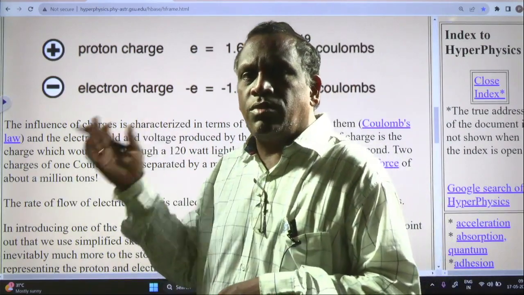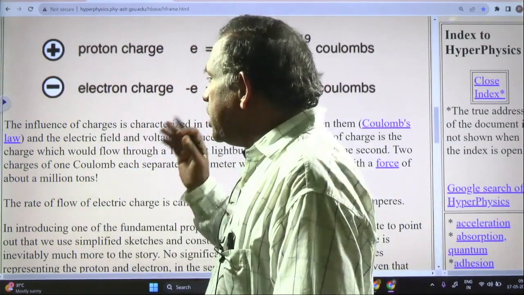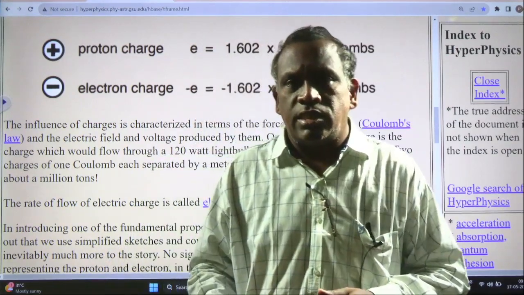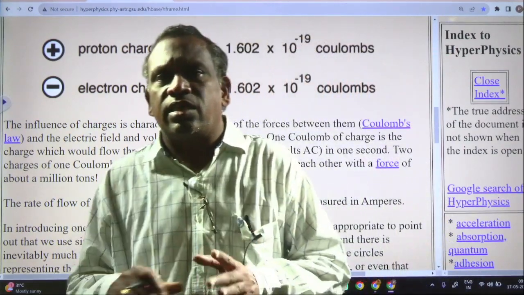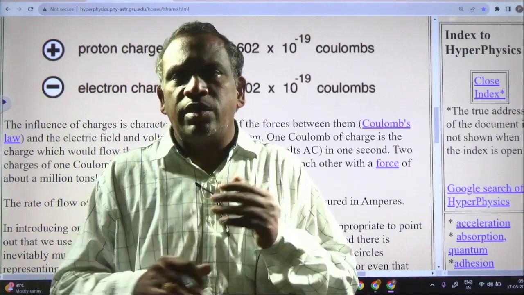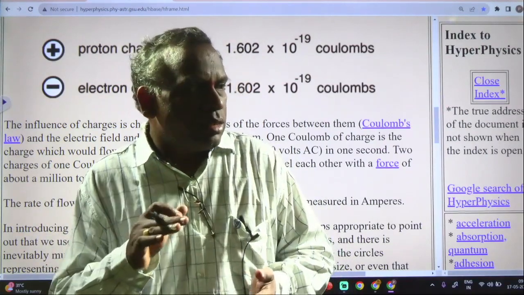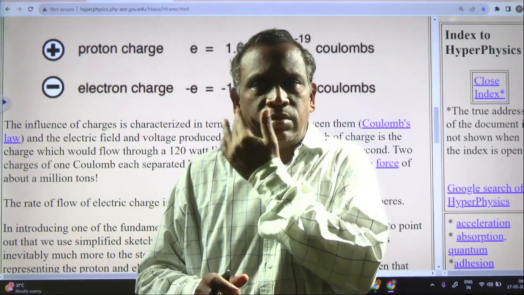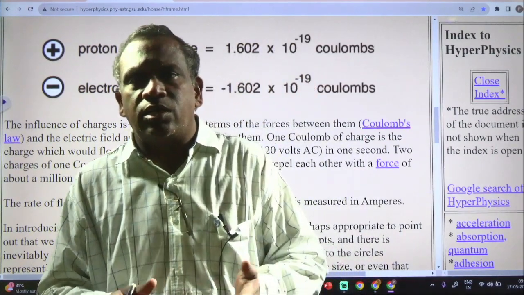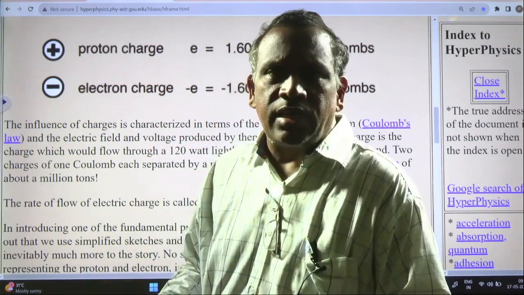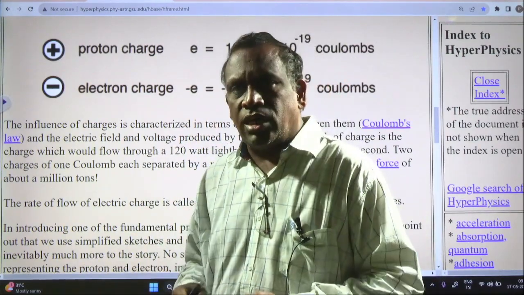A body can be charged by these three methods, and charge always resides on the surface of a body. Like charges repel each other, and unlike charges attract each other.